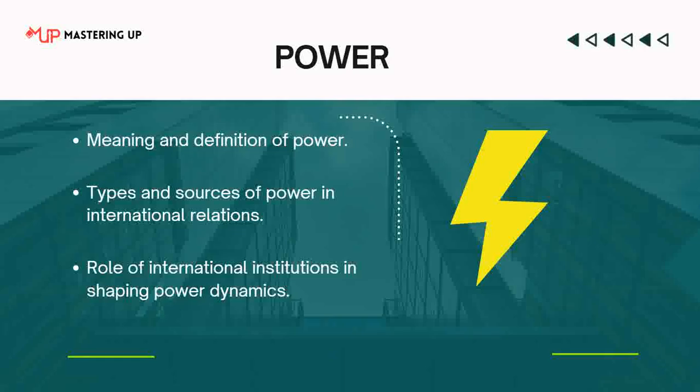These institutions can provide a framework for cooperation and competition among states, and they can influence the distribution of power among states. These international institutions can also help to provide a platform for smaller states to exert their influence and shape global outcomes. So basically, this is an overview of power as a concept of international relations.